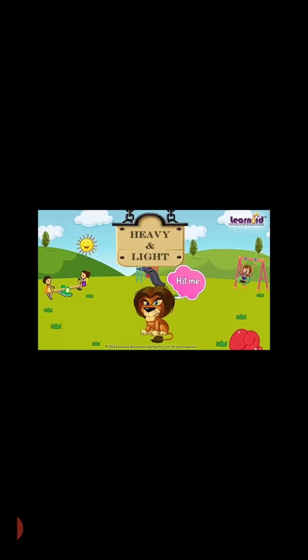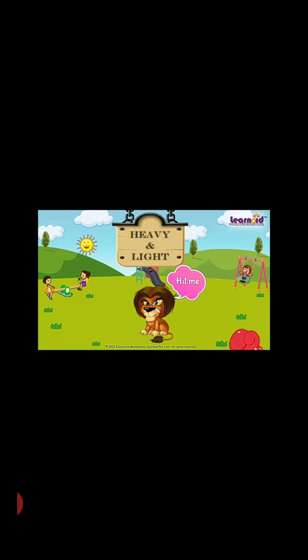When we classify objects on the basis of weight, we get heavy and light objects. Now students, we will see what is heavy and what is light.